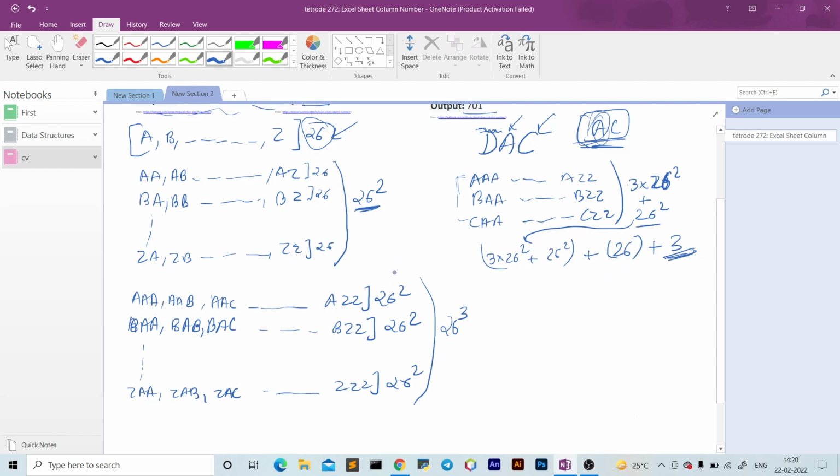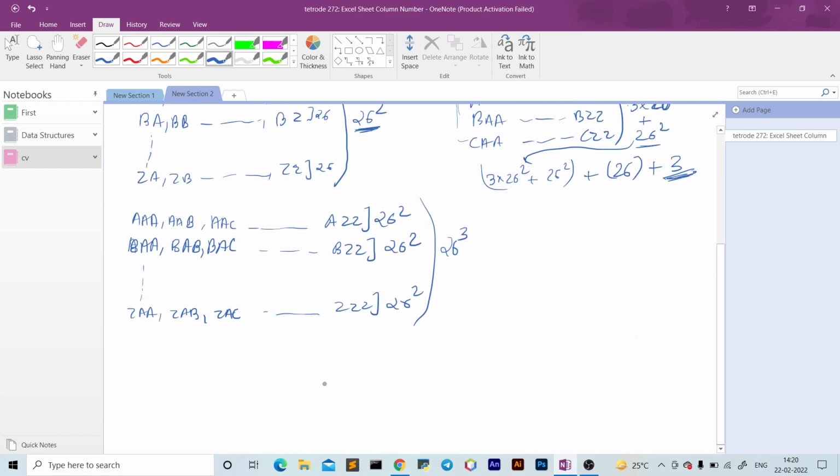Now for any generic string, let's say for level 4, we have the column title, say, EBCD. Now this E would be in the fourth level. For the third level we had 26 cube, so for the fourth level we will have 26 raised to power 4.